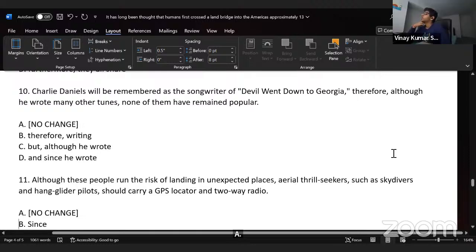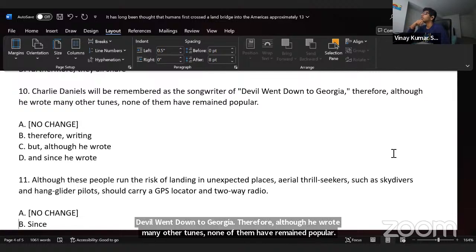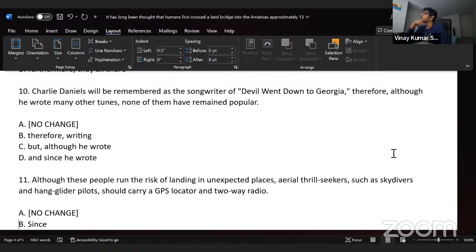Charlie Daniels will be remembered as the songwriter of Devil Went Down to Georgia. Therefore, although he wrote many other tunes, none of them have remained popular. C. Yes.